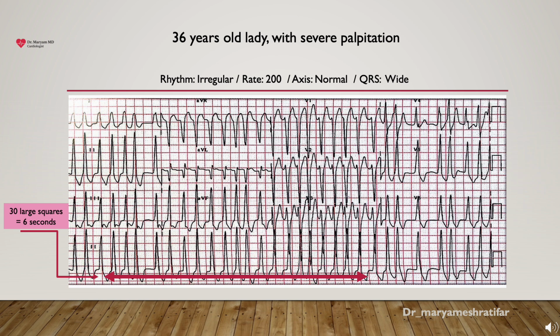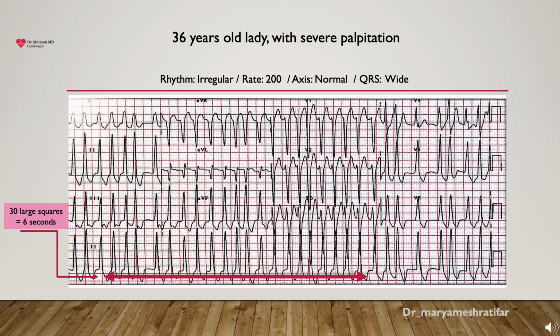The next step is to identify the rhythm. We know that we are dealing with a tachyarrhythmia, and at this point, we should ask ourselves two key questions. Do we have a regular rhythm or an irregular one?